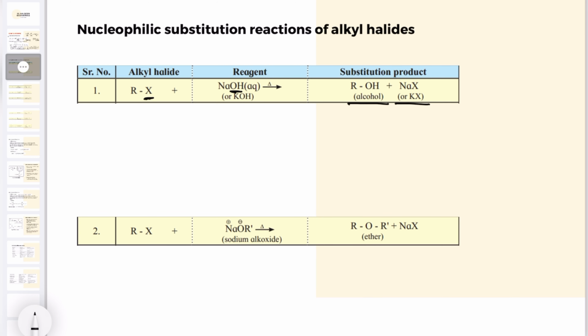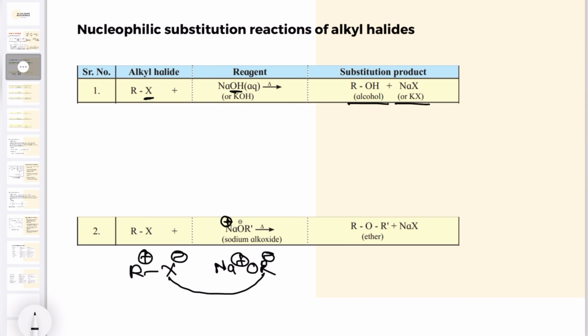If we take alkyl halide as the starting material and NaOR, sodium alkoxide, as the reagent: each reagent carries a positive and a negative center. Na is a metal, so positive, and OR is negative. In alkyl halide, X is negative and R is positive.